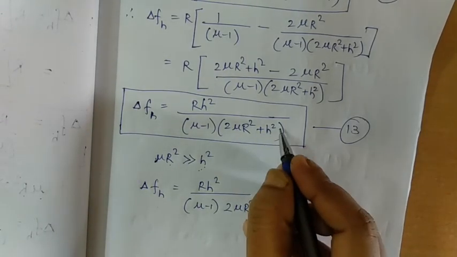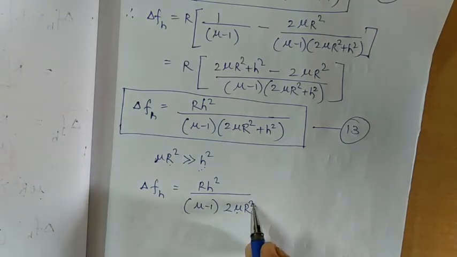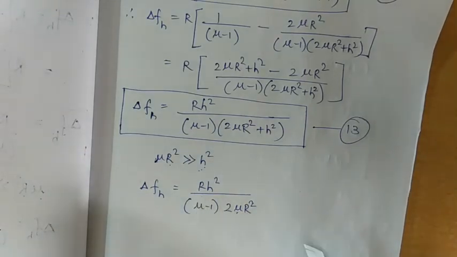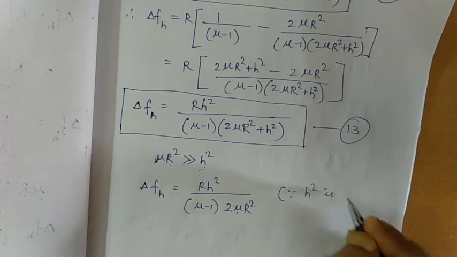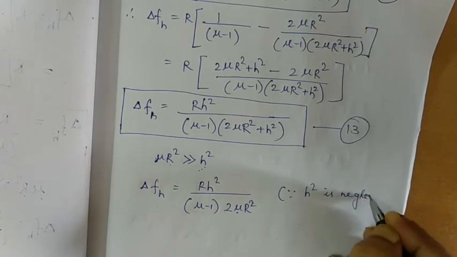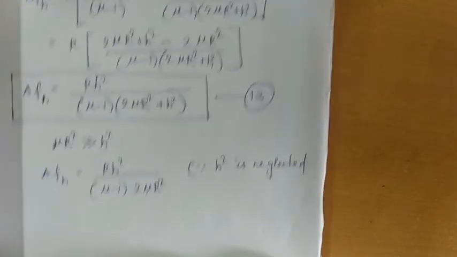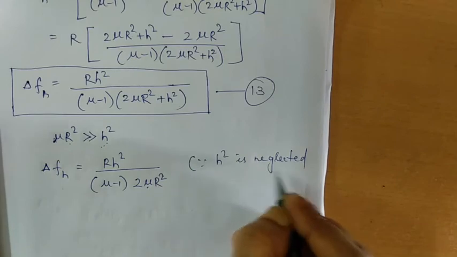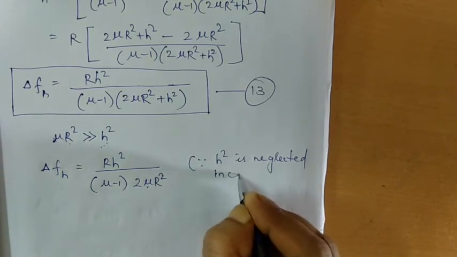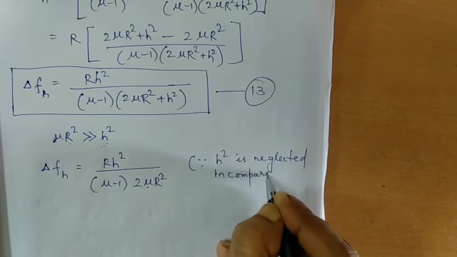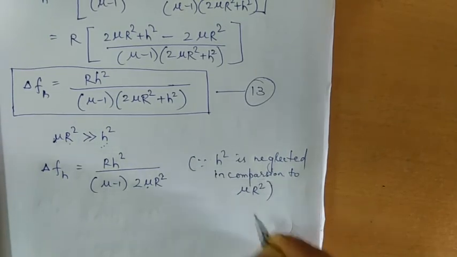Here the h square term is neglected, as mu r square is much greater than h square. So you can mention here, since h square is neglected in comparison to mu r square.